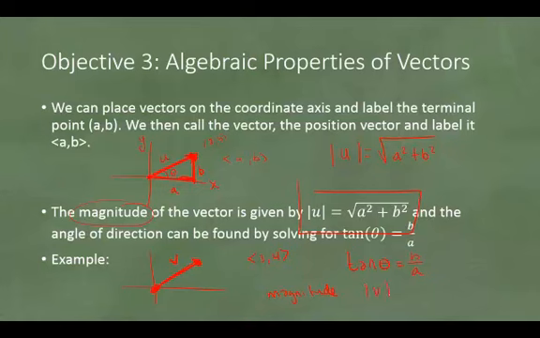Then the magnitude of v is the square root of a squared plus b squared. 9 plus 16 is 25, so it's the square root of 25, which is 5. And tangent theta, because this is 4 and this is 3, is 4 over 3. So to find theta, we would need to do arctan, or tan inverse if you're using your calculator. Tan inverse of 4 over 3.